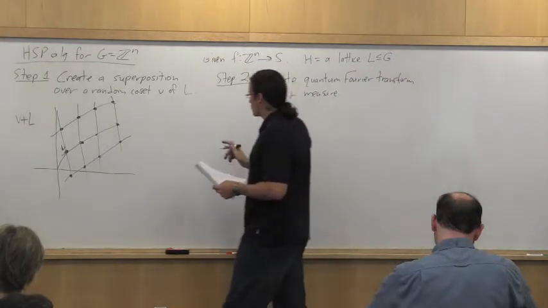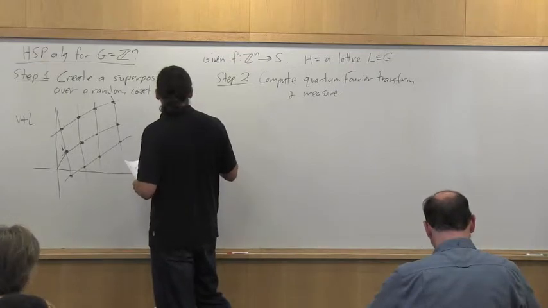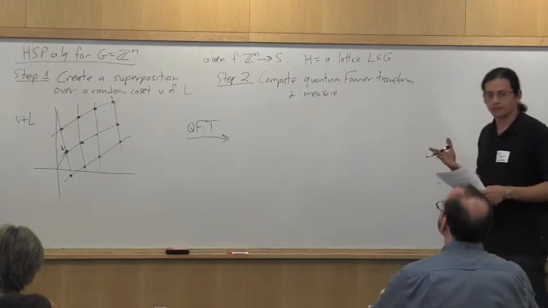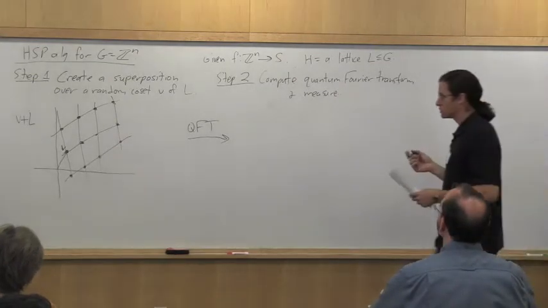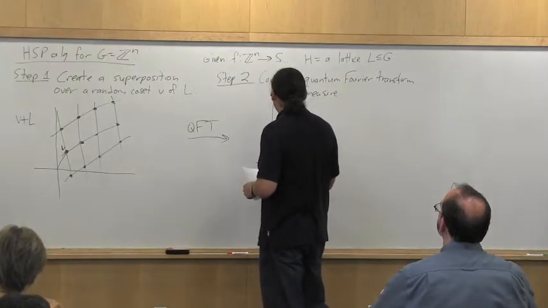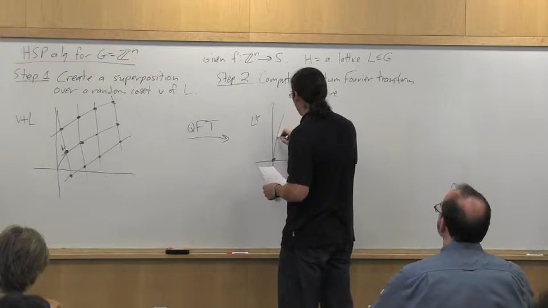So what happens when we compute the Fourier transform over a lattice, or a coset of a lattice, so here's the quantum Fourier transform, is we end up with a superposition that's concentrated on the dual lattice. So whatever the dual lattice looks like, that's where we are.